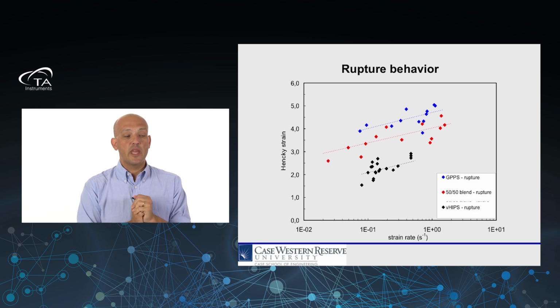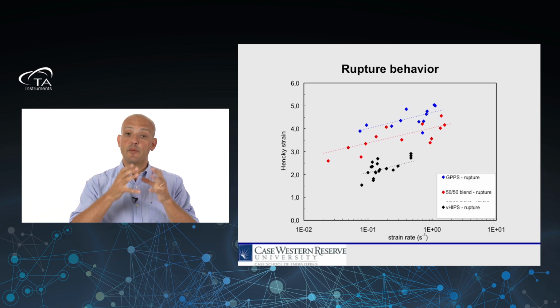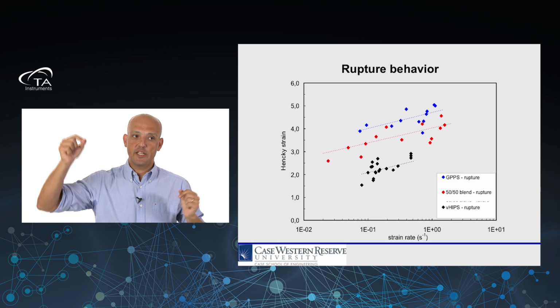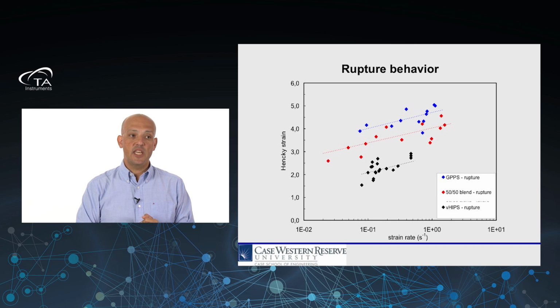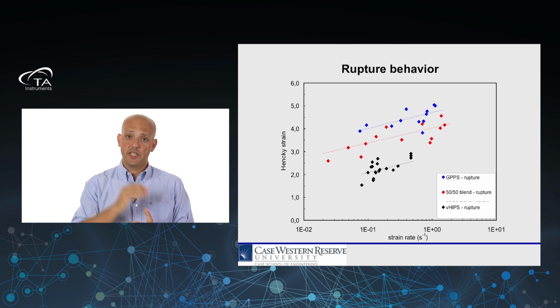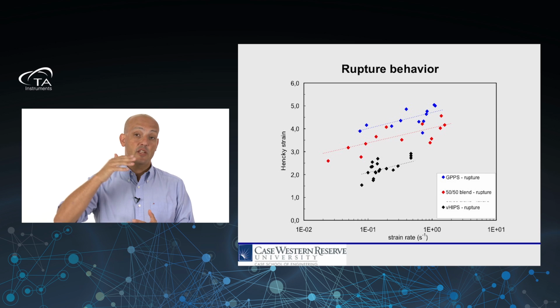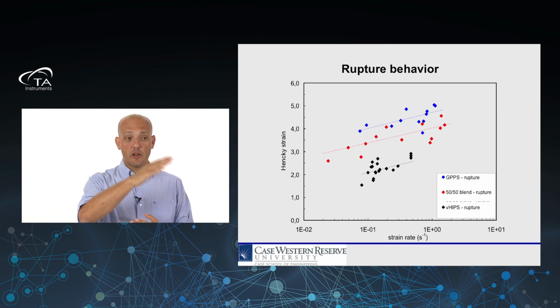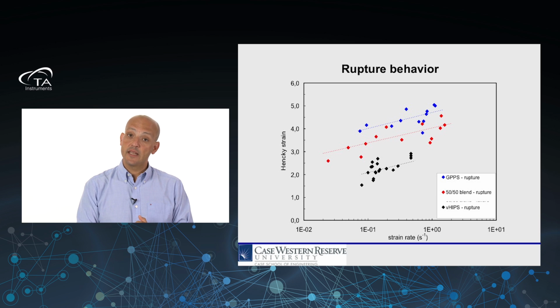So here I'm showing you the Hencky strain, so the maximum strain at rupture for different strain rates. And as we can see, we have the blue dots, which represent the rupture points of the general purpose polystyrene, followed very closely by the red diamonds, which are the 50-50 blend.